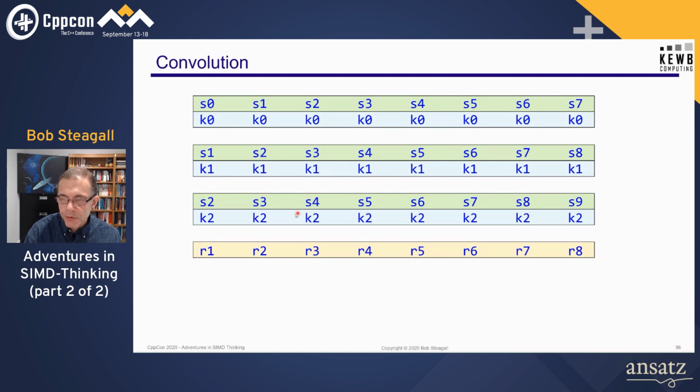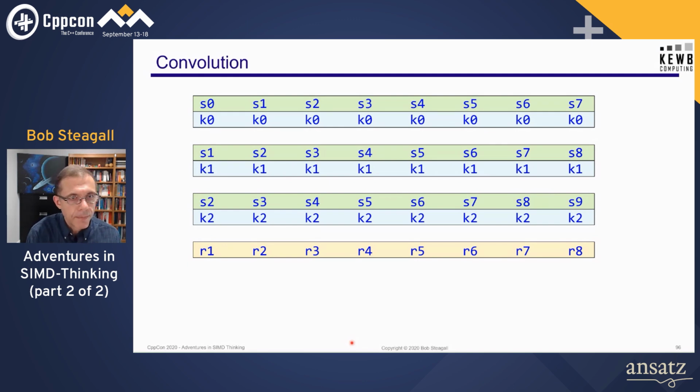And the same thing for the third kernel element. If you look at what the value is supposed to be for R1, it is S0 times K0, S1 times K1, S2 times K2. That's R1. So if I could somehow contrive to load up some registers in this fashion, I could do this using my fused multiply and add function that I described in the previous talk.